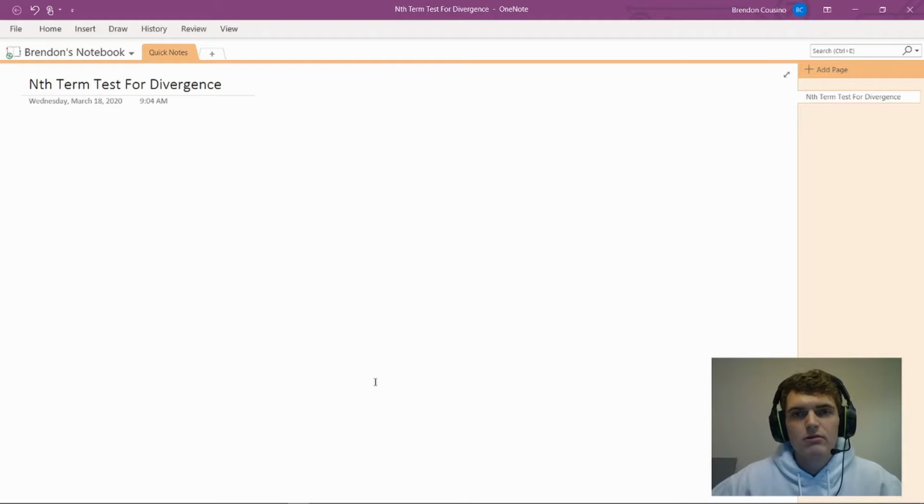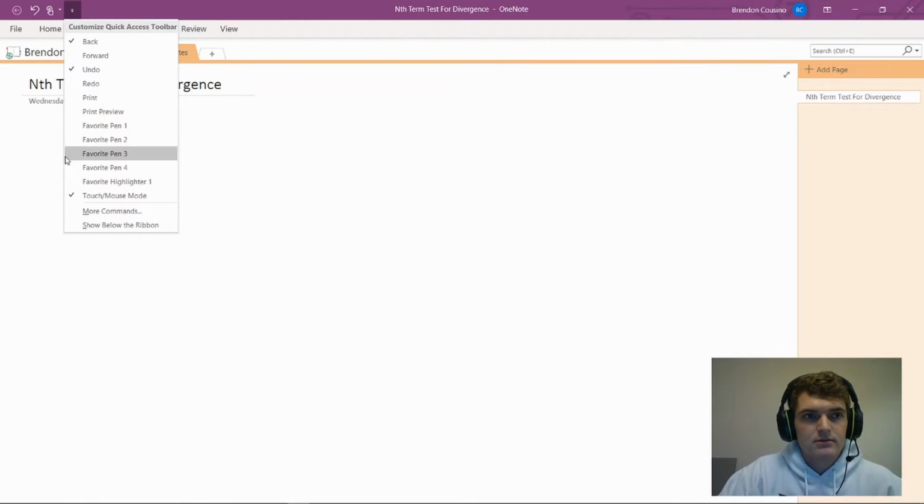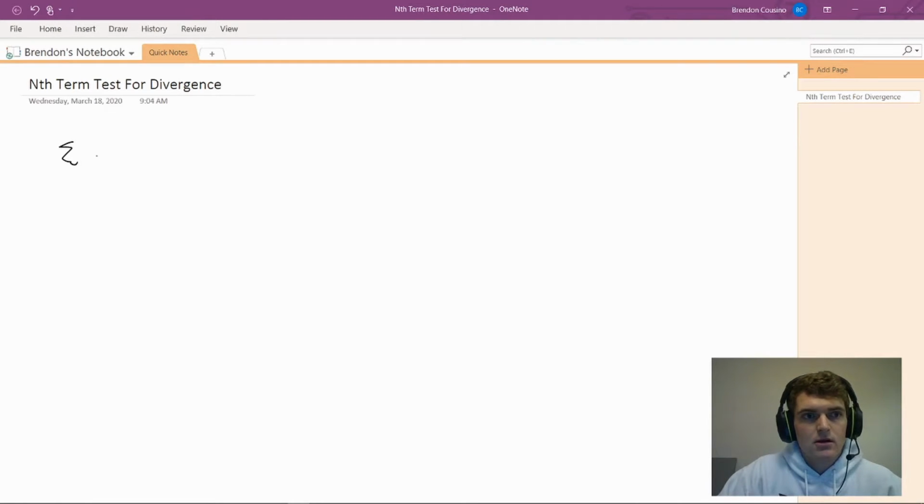Alright, so let's go ahead and write out what the nth-term test for divergence really is. Let me pull up my draw tool. The nth-term test for divergence says that if we have a series of a of n from n equals 1 to infinity, then we can take the limit as n approaches infinity of a of n.